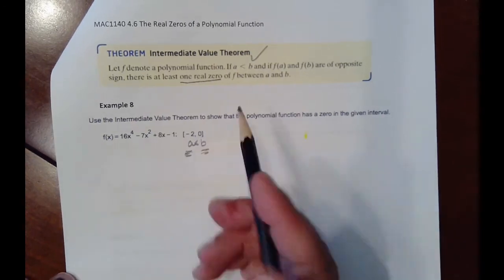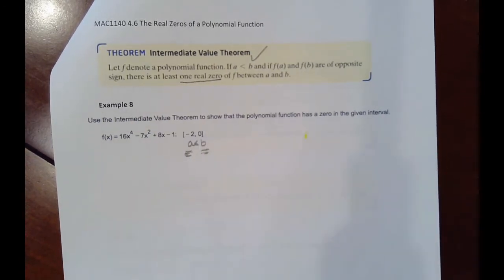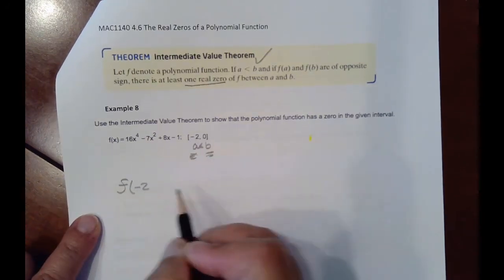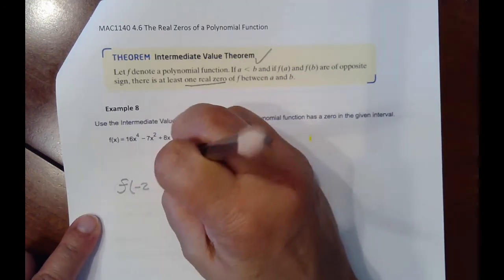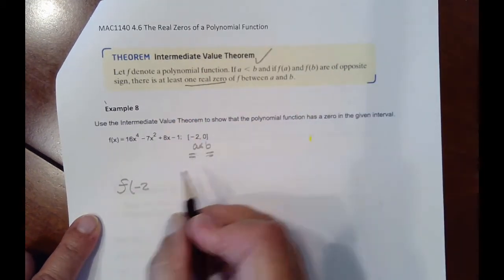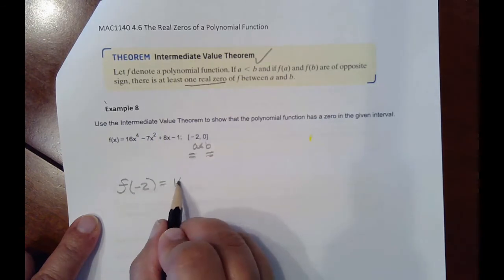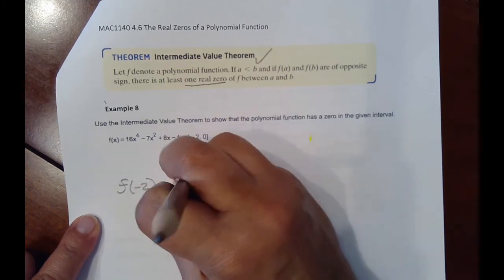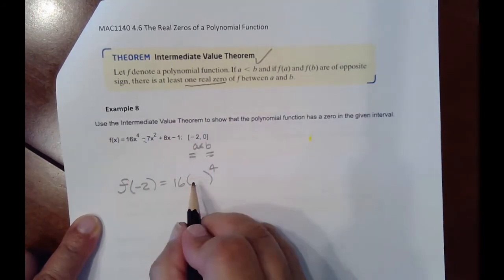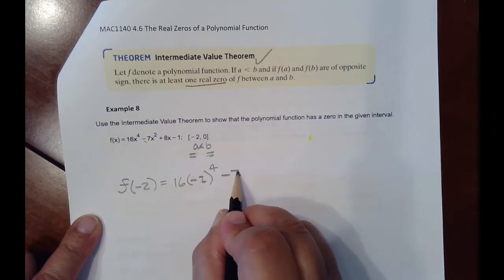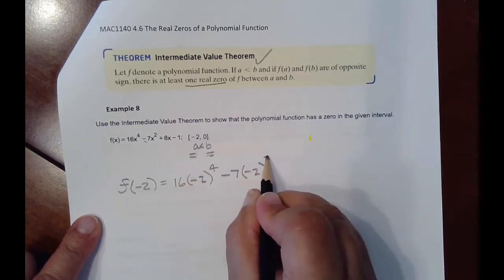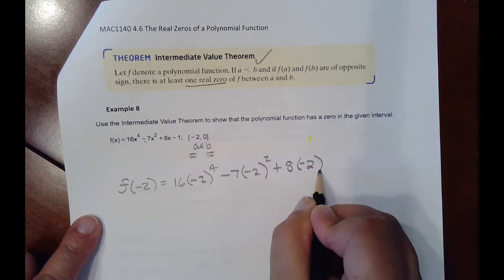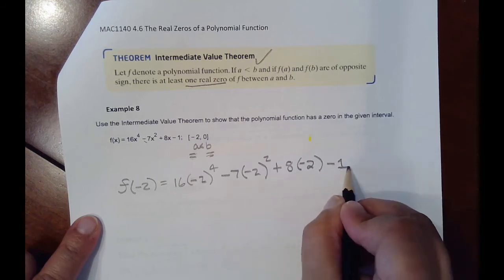Okay, so first you have to start off with one value less than the other. You're going to evaluate at the lesser value, which is -2. And that would be 16 times -2 to the 4th, minus 7 times -2 to the 2nd, plus 8 times -2, minus 1.